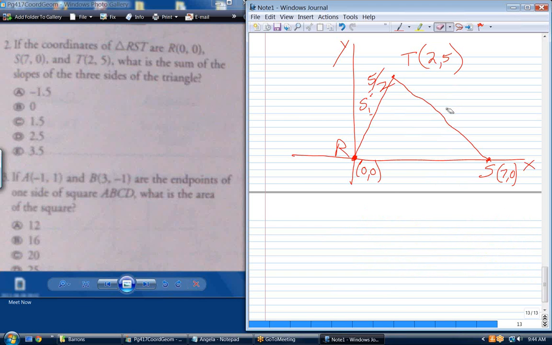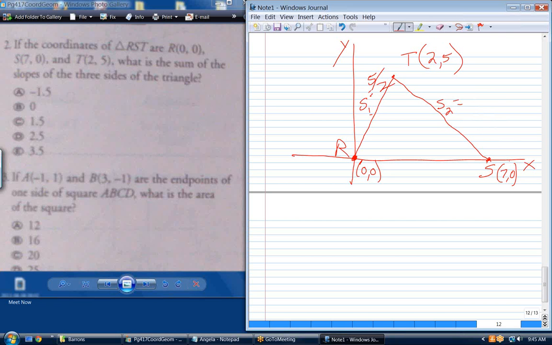What's the slope of this? Going to be 1. No, wait. Remember, it doesn't matter which way you go, just be consistent.